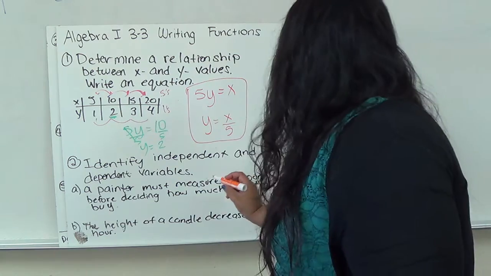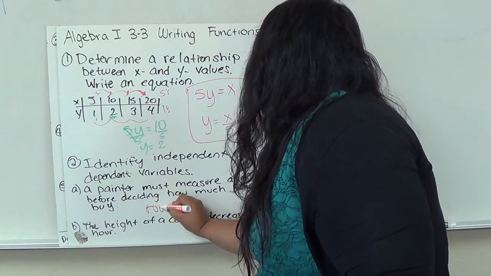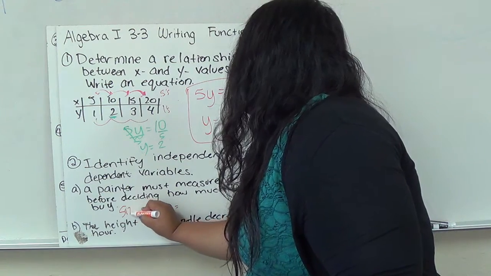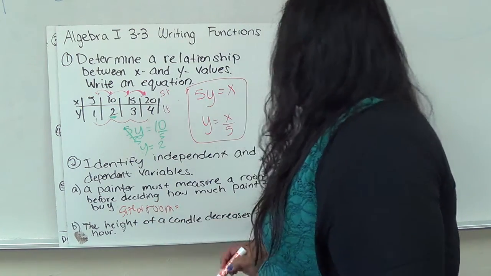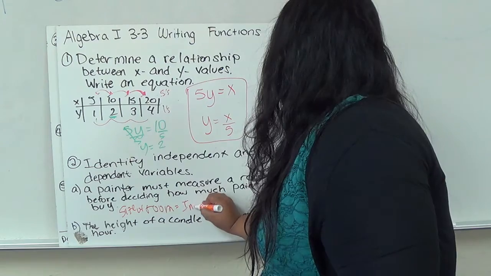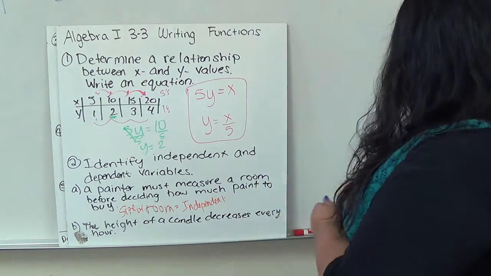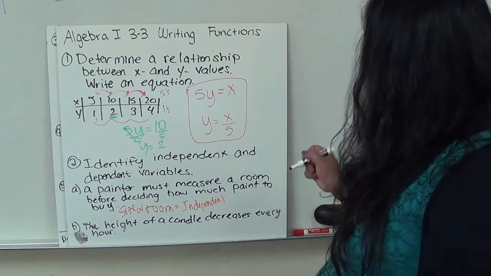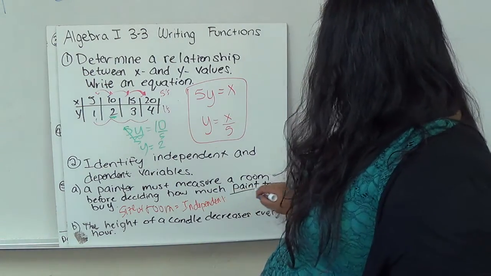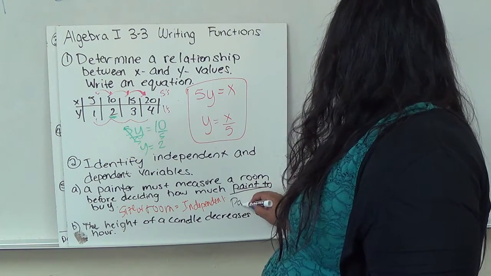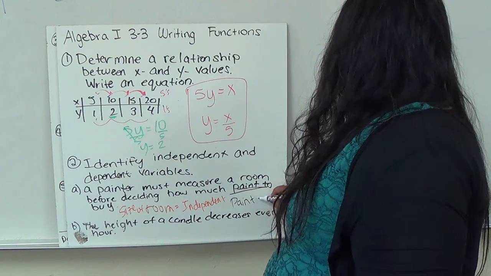So the size of the room is my independent. And then what depends on it is my paint. So my paint is my dependent.